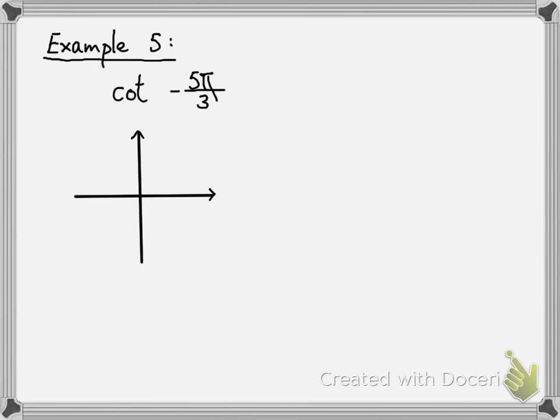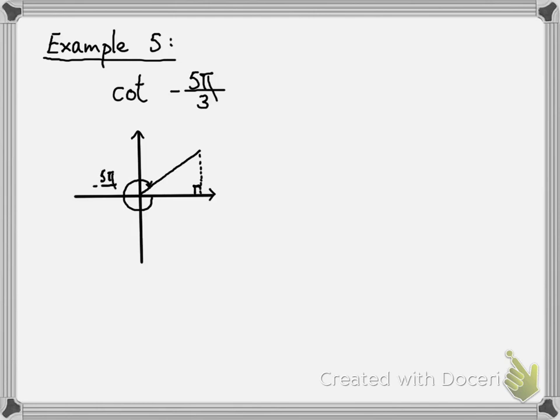Example number 5. Cotangent of negative 5 pi over 3. Since the angle is negative, we will travel clockwise. Again, we are going to draw the vertical dashed line from the terminal side onto the x-axis.